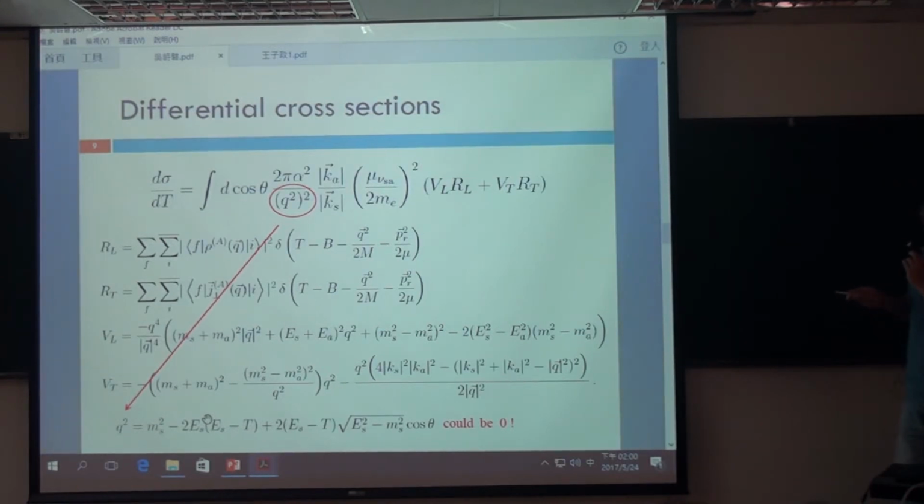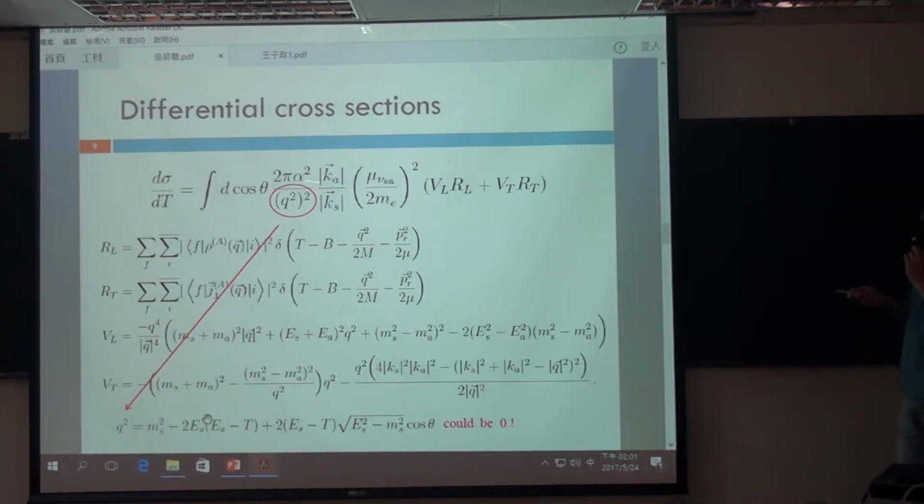We also have some kinematic factor due to the interaction Lagrangian of your sterile neutrino, which depends on your coupling. Once you write down the four-momentum, this can be expressed by the incident energy and the transfer from the sterile neutrino, and cosine theta is the scattering angle.